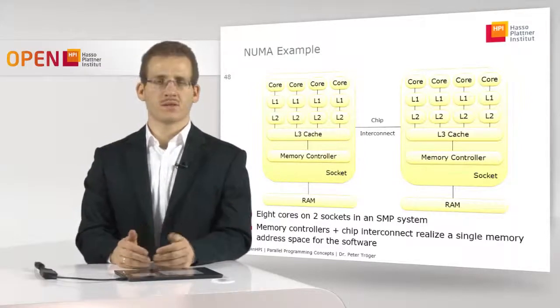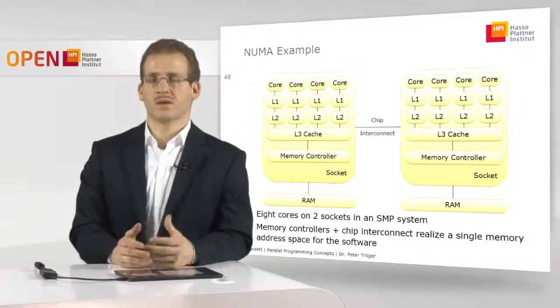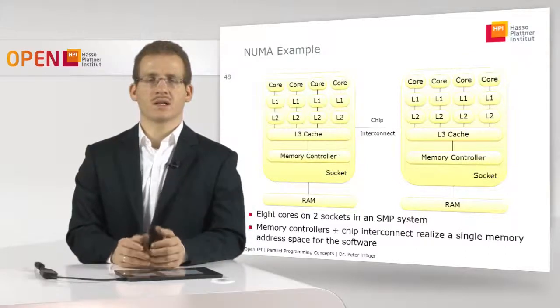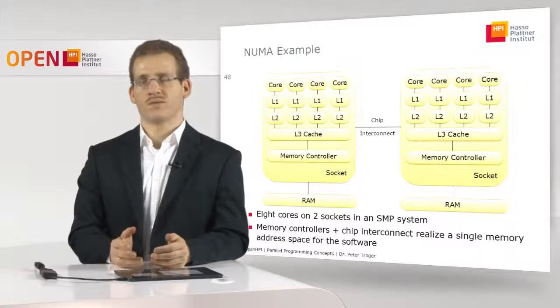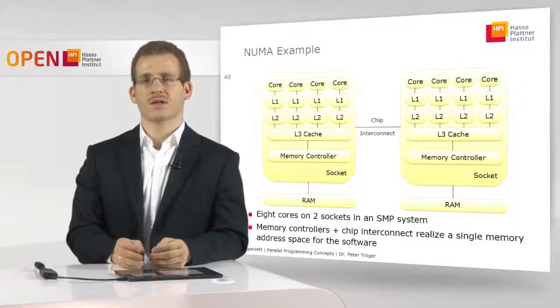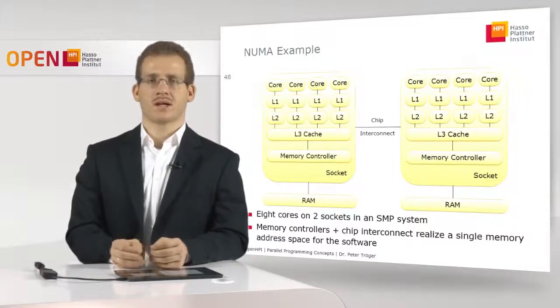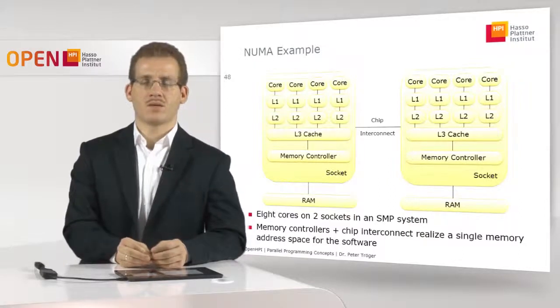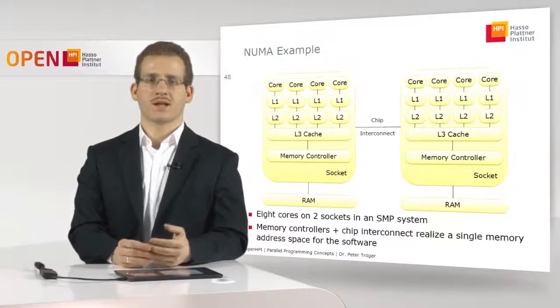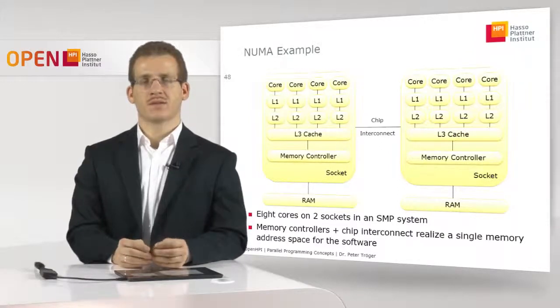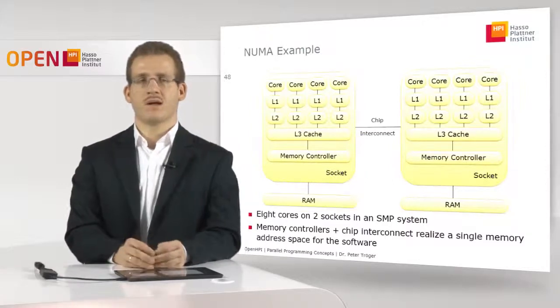This is a nice approach as long as it's transparent, so you don't have to consider this in your software, but it leads to the effect that the access time for memory that is attached to other sockets is a little bit longer than the access time to memory regions attached to your own socket. That's one example for the NUMA problem. So we have a non-uniform behavior in the memory access times.